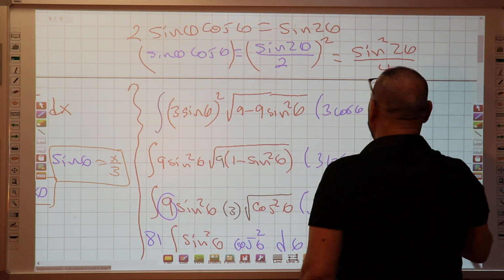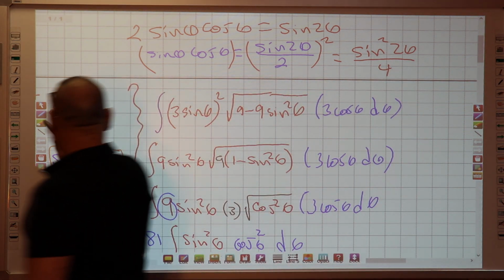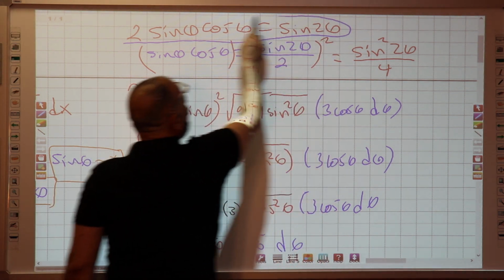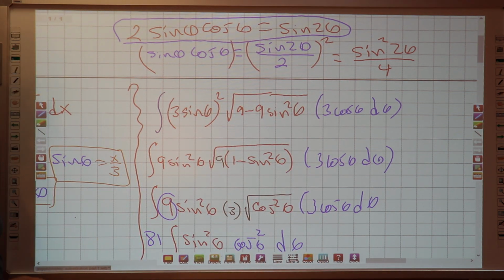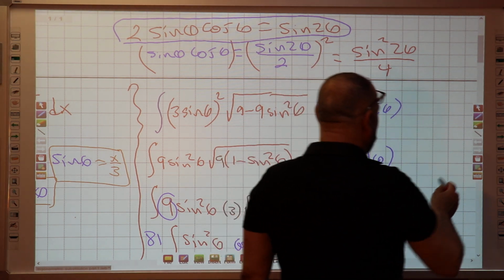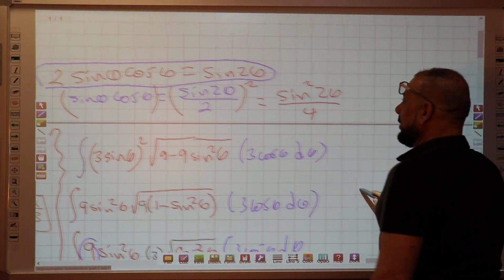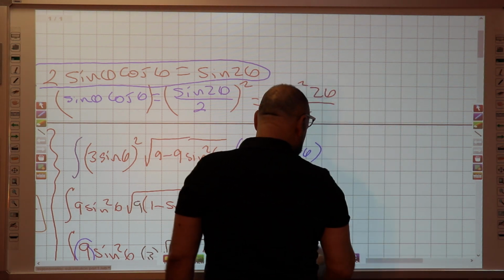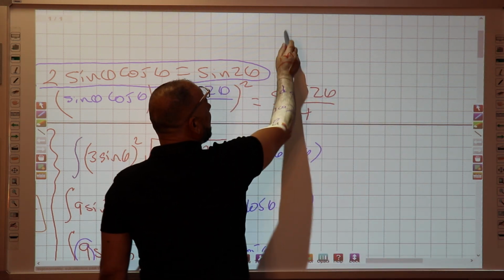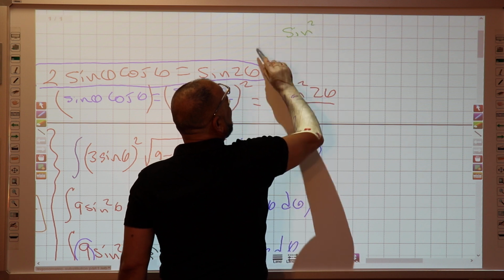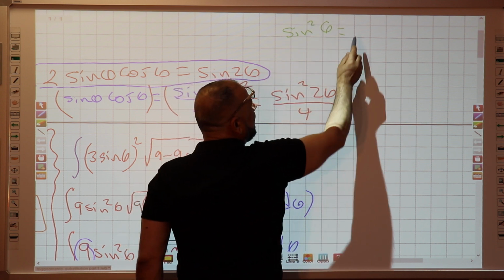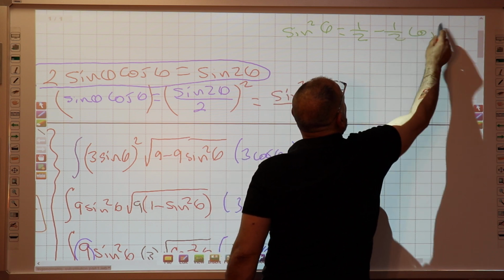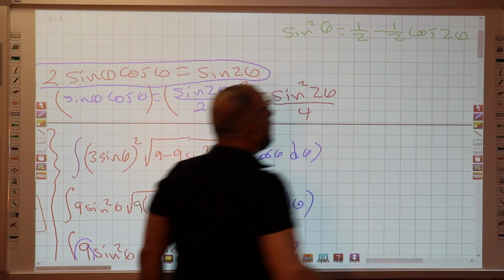Okay, we are not done. Also, this is the first identity you have to remember, right? And there's another identity you have to remember, which is what? Ismail, go ahead. Sine square theta itself is half minus half cosine 2 theta.